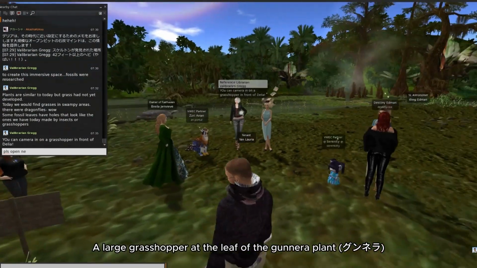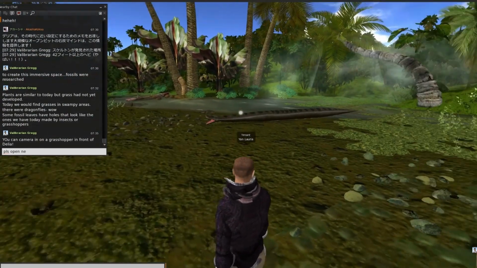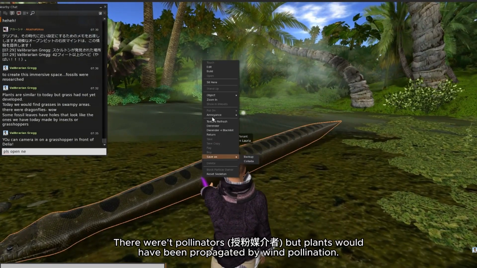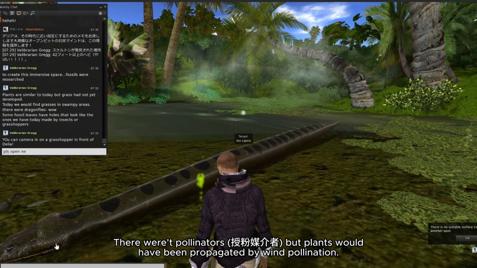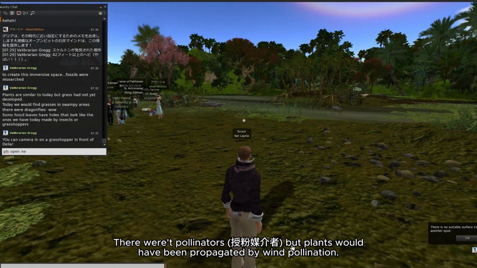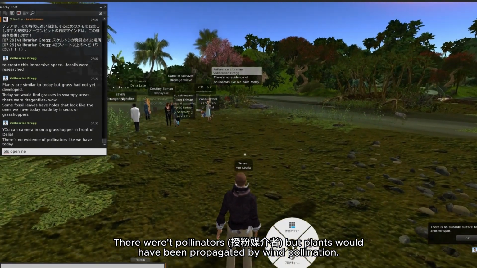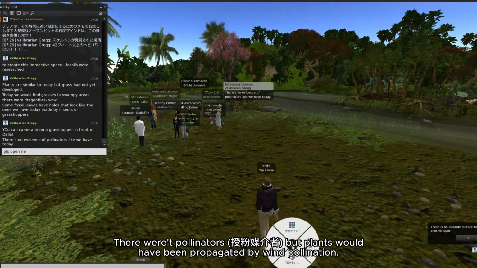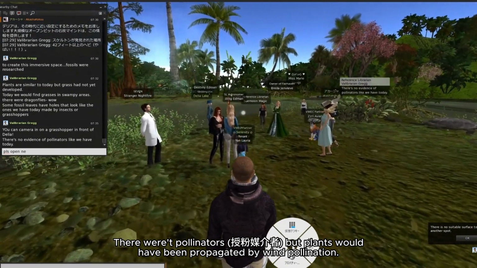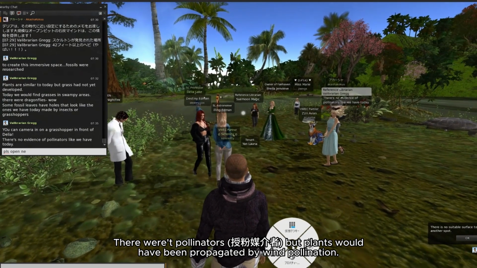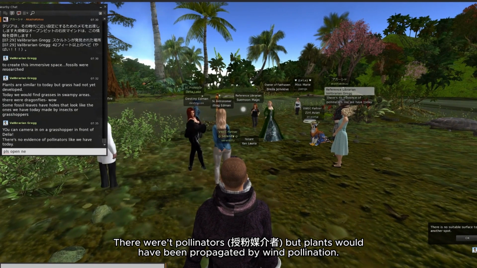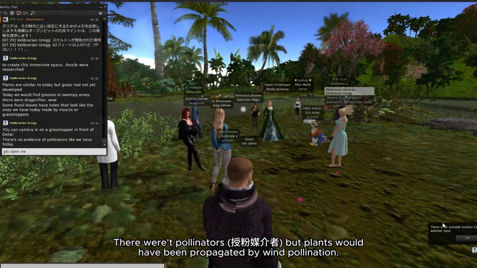The other reason that this is important is that there's no evidence of the kinds of pollinator insects that we have today. So that has a different composition of plants, because the best we can figure is that the plants were wind pollinated. So you'll see how far the wind can blow seeds.